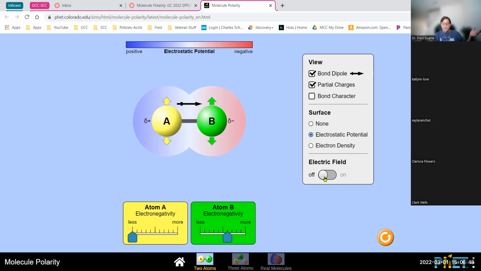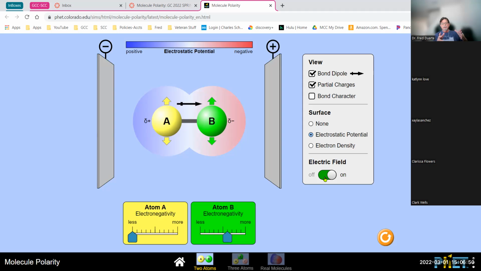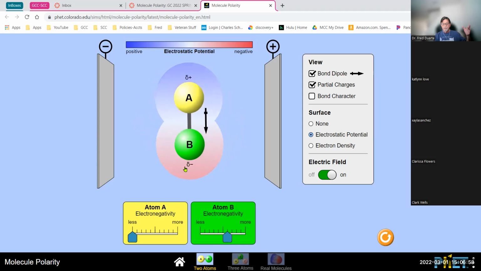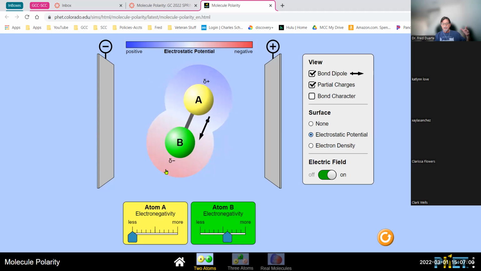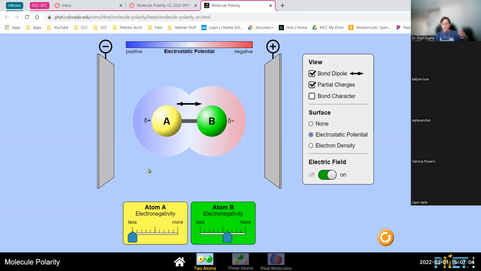We can put an electric field on this. If you notice, we have a plate on the right with a positive charge and a left plate with a negative charge. If I grab that molecule and move it around, the B side, the partial negative side, is going to be attracted to the positive plate of the electric field, and it lines up real nice.